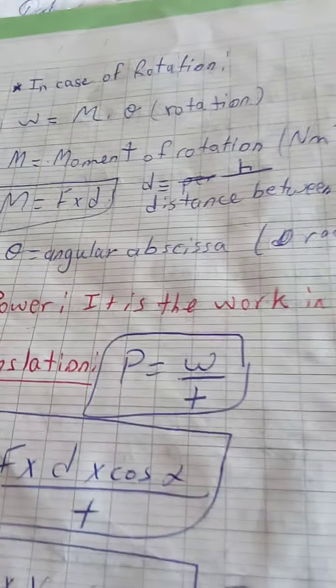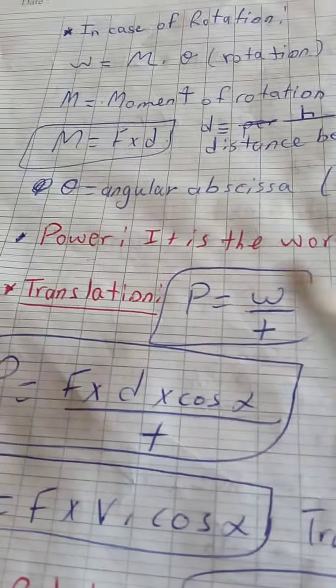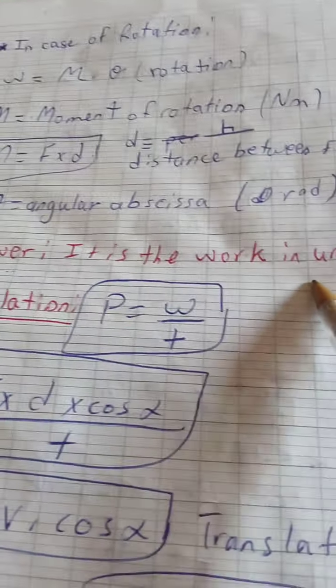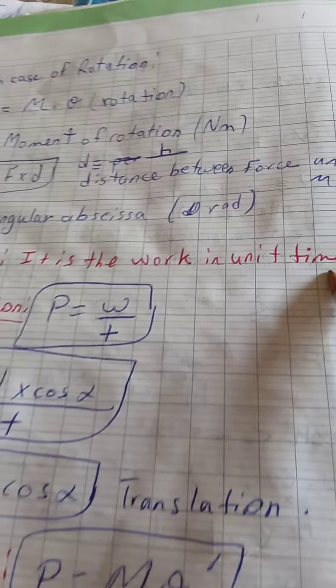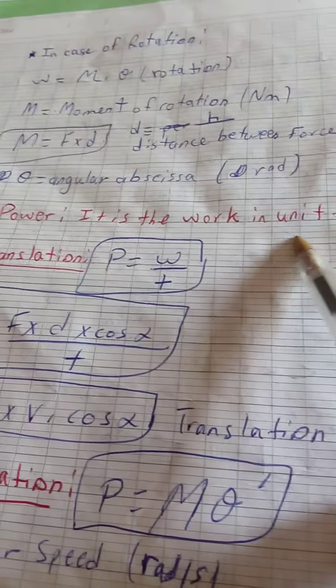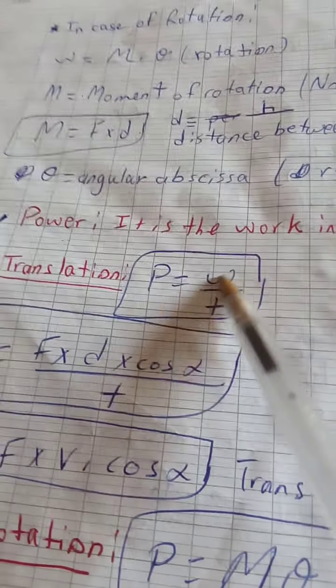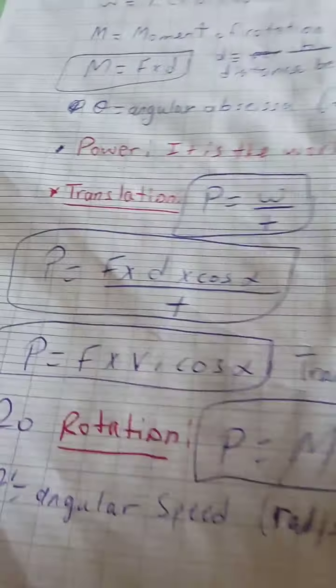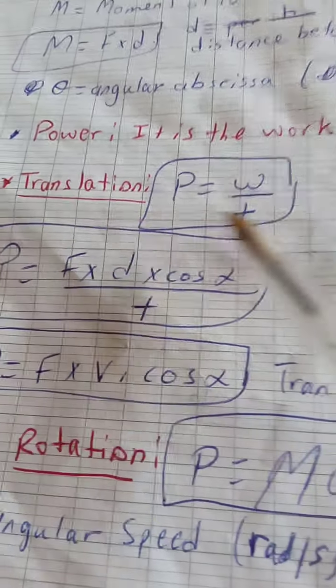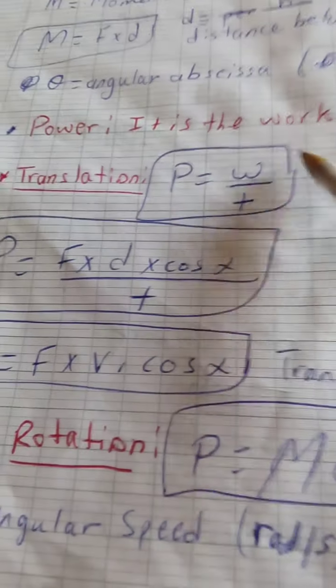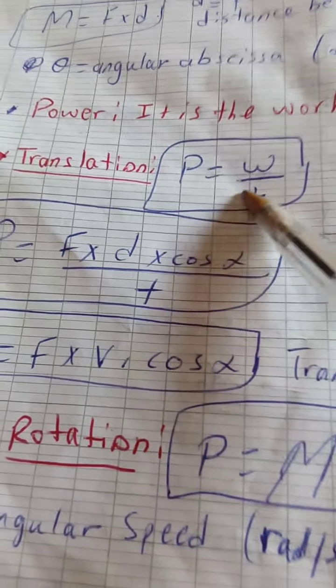Here is the angular abscissa. And power is work in a unit of time. In translation, power equals work over time.